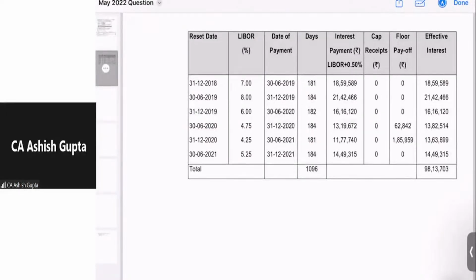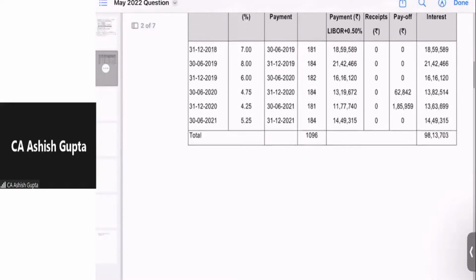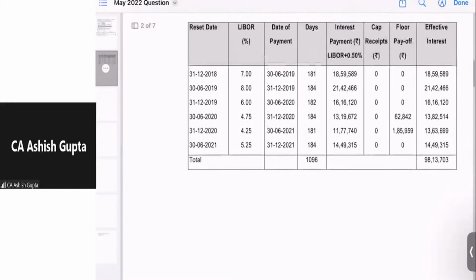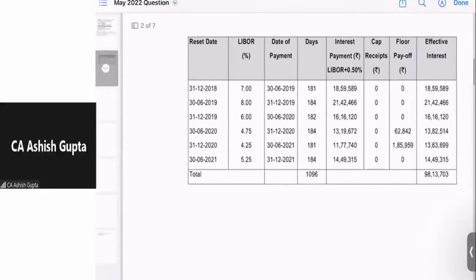Our first period is, we draw a table like that. First our reset date, then the LIBOR rate, then the date of payment. Our reset date will be 31st December 2018, and the LIBOR on that date is 7%. So the period for which we shall pay will be from 1st January 2019 to 30th June 2019, and the number of days is 181.